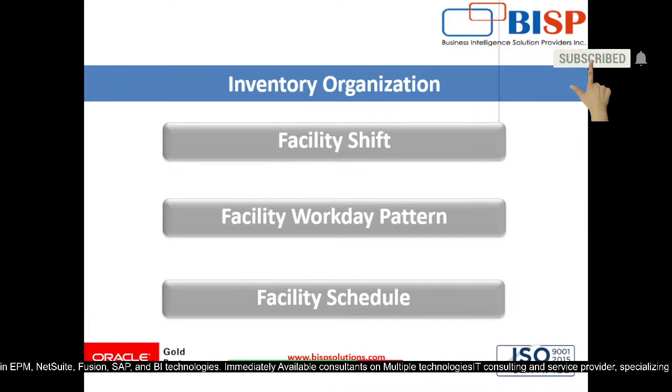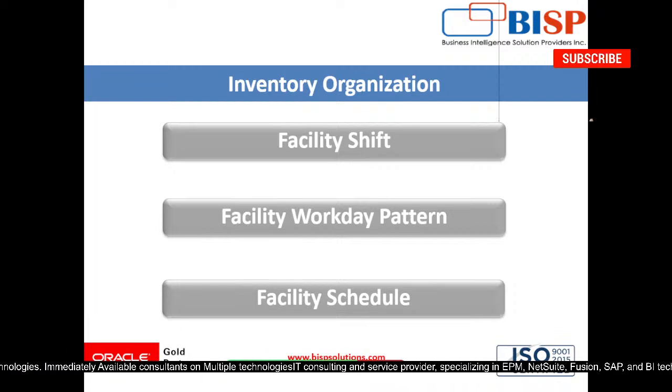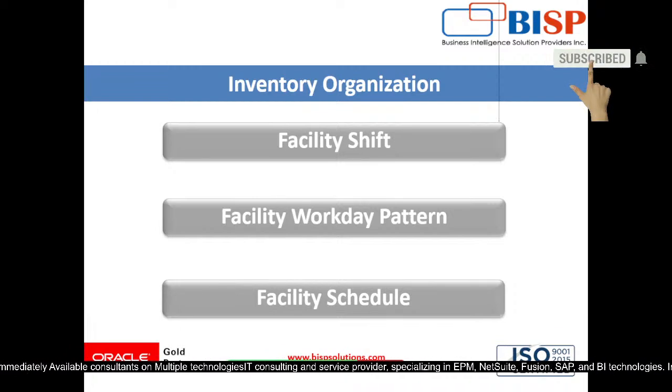In a manufacturing application, what are the shifts we have? The day shift, night shift, shift 1, shift 2, shift 3, and what are the working hours we have? Working day and non-working day. So all the information is required in the manufacturing application and other applications in SCM.